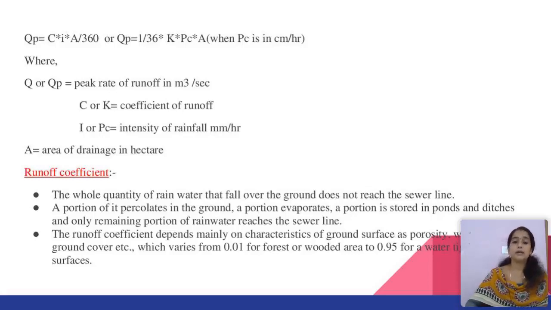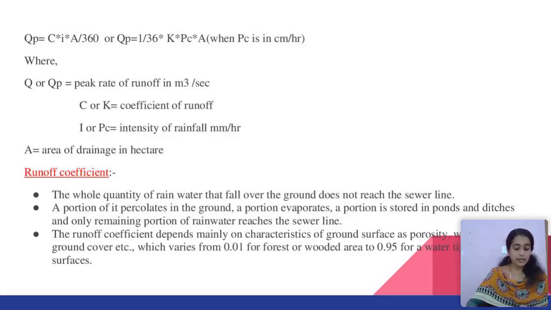Please note down the units of these values, and it will be beneficial for calculating the quantity of stormwater. Then A is the area of drainage in hectares. That is the catchment area.